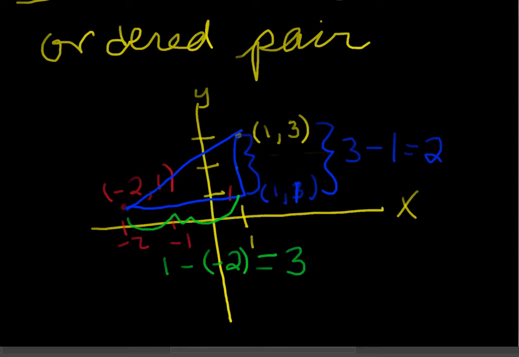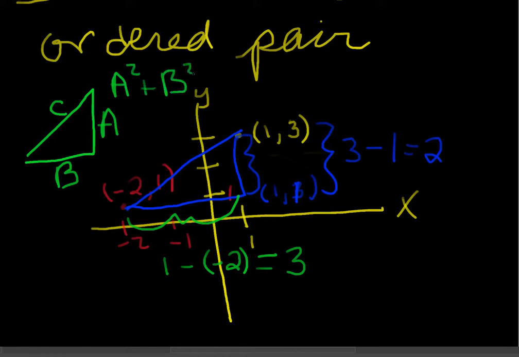So I've got a right triangle whose height is 2 and whose base is 3, and we know from Pythagorean theorem that in any right triangle, if I have a triangle whose hypotenuse is c, whose height is a, and base is b, then a squared plus b squared is c squared.